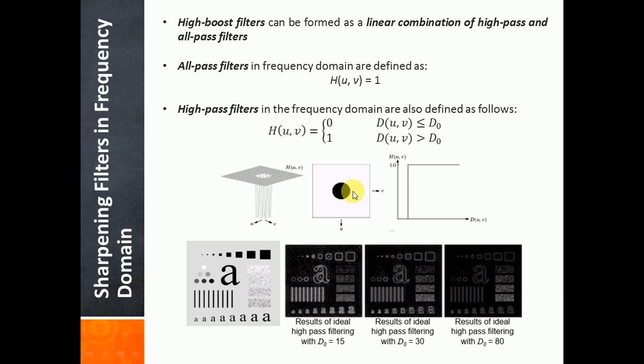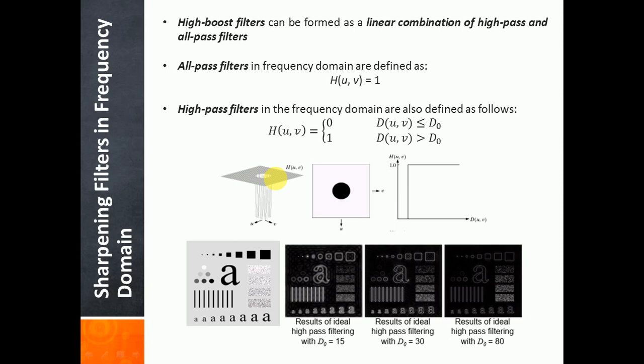If you increase the diameter of the radius, you see that the image becomes sharpened, but all the low frequency components are removed. That's why high pass filters are called sharpening filters, whereas low pass filters are called smoothing filters.